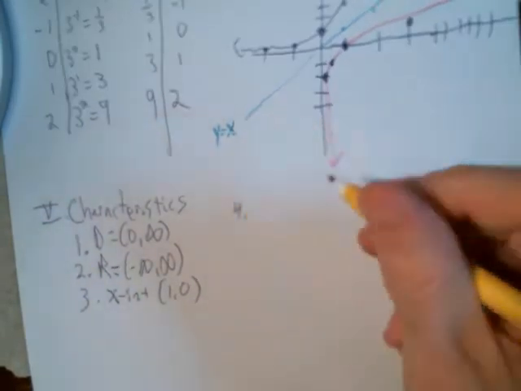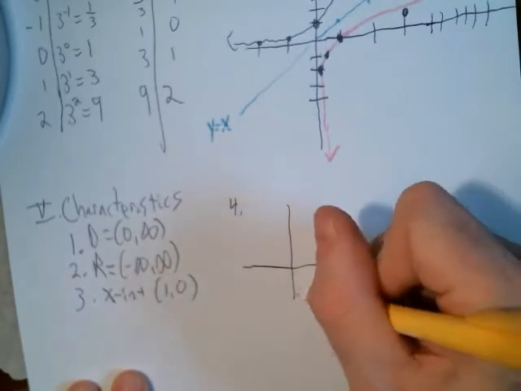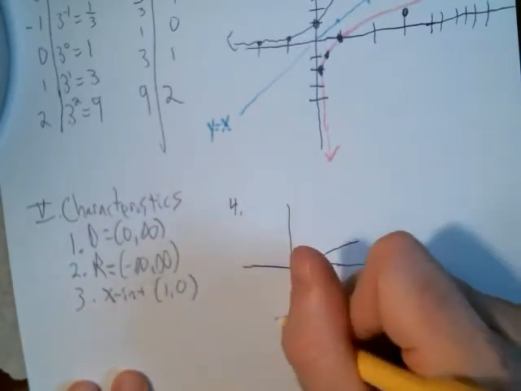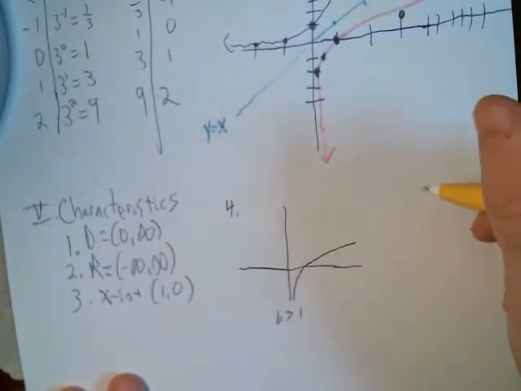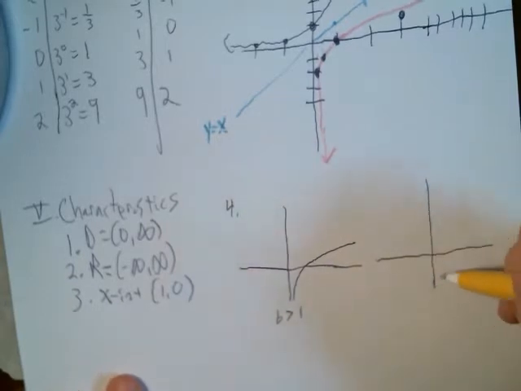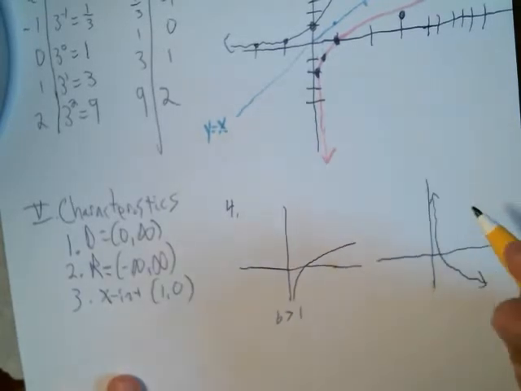Similarly, we could talk about forms here. The form when the b value is greater than 1 will be this form. And then the form when the b value is in between 0 and 1 will be this form. And how did I get that?